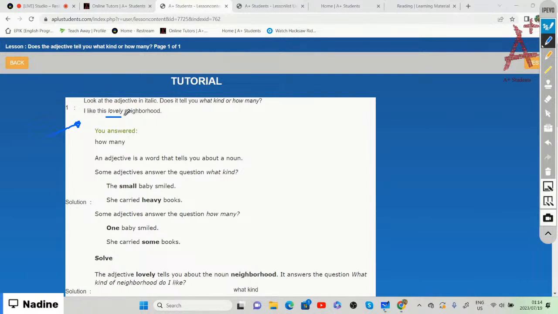So is it telling us what kind of neighborhood, or how many neighborhoods? In this case, lovely tells us what kind, because it tells us what kind of neighborhood I like.